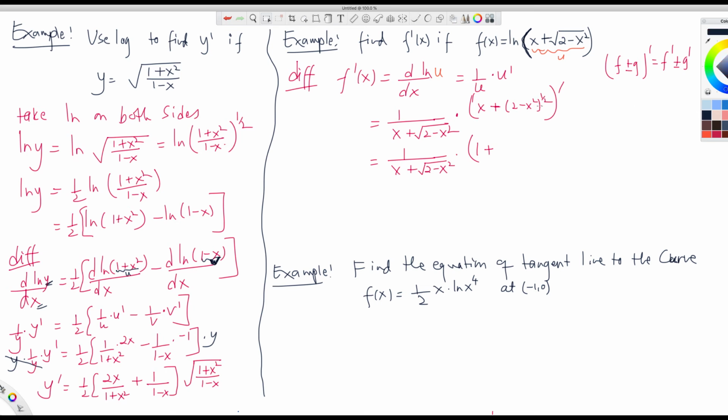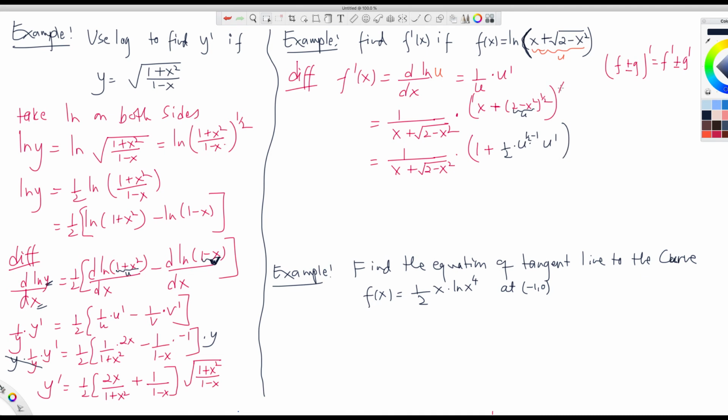So what you need to do is think of this as u. So u to the 1/2, right? What is the formula for that? It is 1/2 times u to the 1/2 minus 1, right? Times u prime. Again, that is another u. So that u is different, okay? Now I assume that as another u, or you can take this as v, that is perfectly fine. That is the derivative.